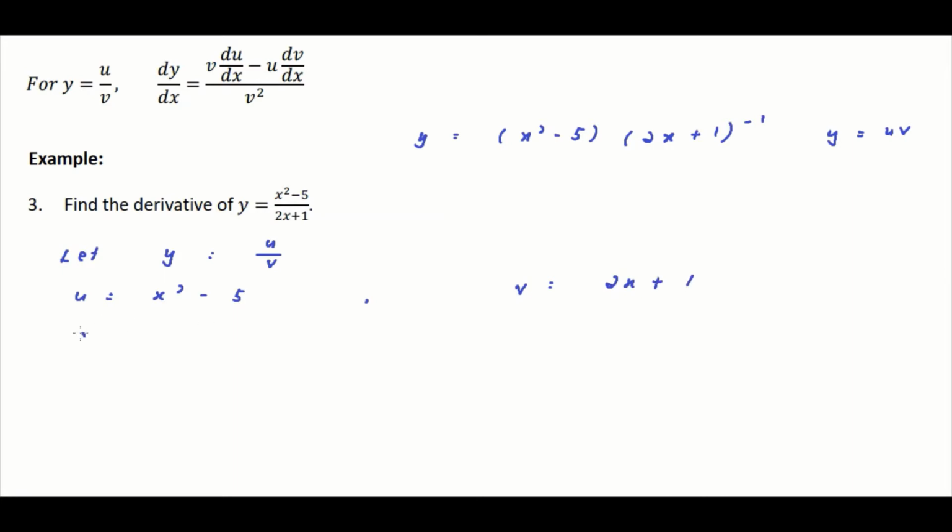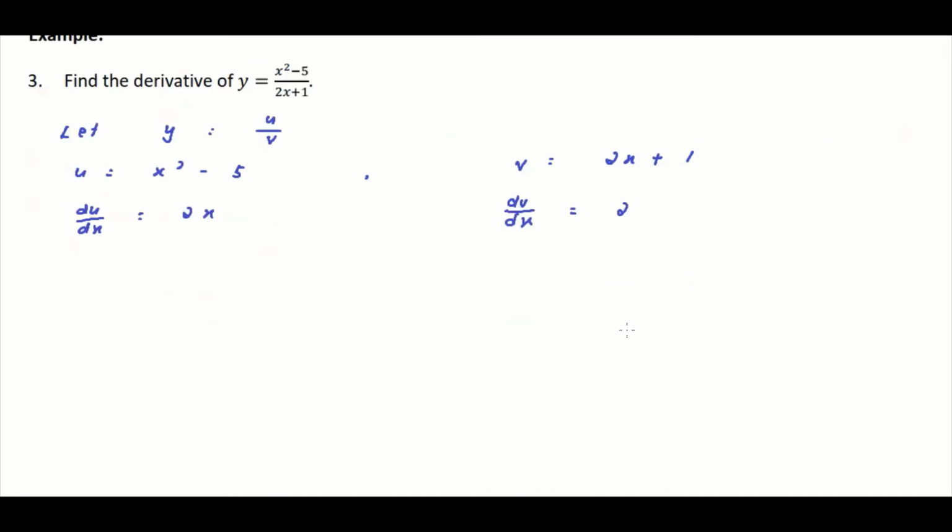So let's try to solve it here first. du dx gives you 2x, then dv dx gives you 2. Okay, so let's put them in the formula. dy dx equals v du dx minus u dv dx over v squared.